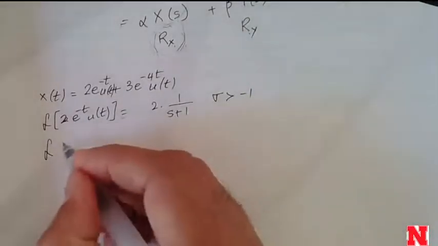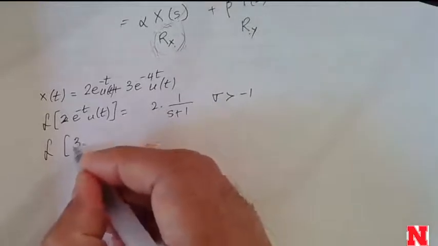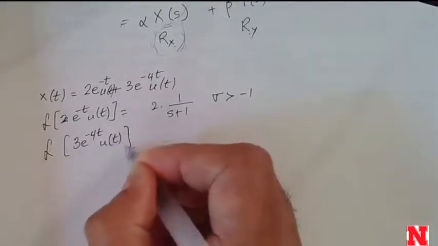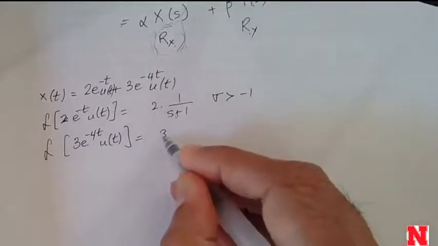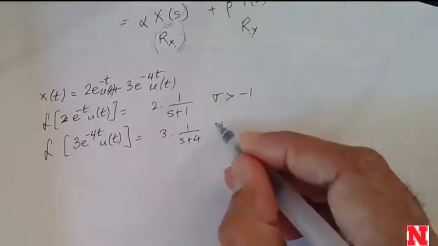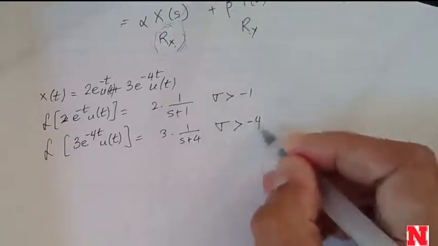And the Laplace transform of 3e to the minus 4t u of t will be equal to 3 times 1 over s plus 4, sigma greater than minus 4.